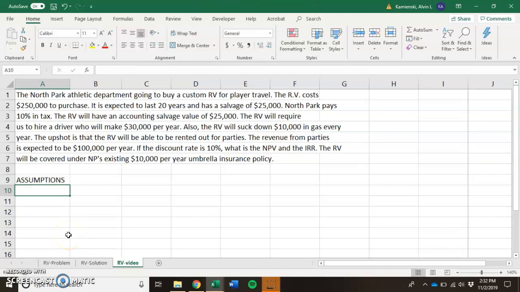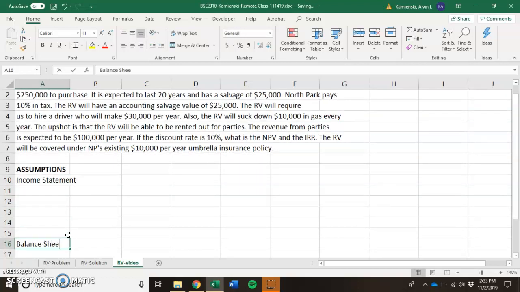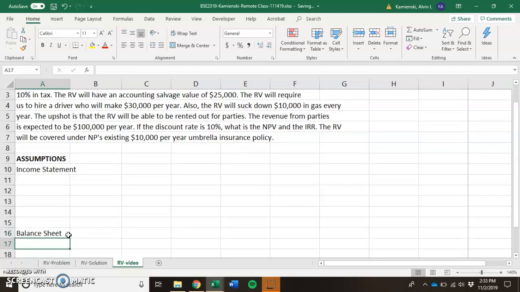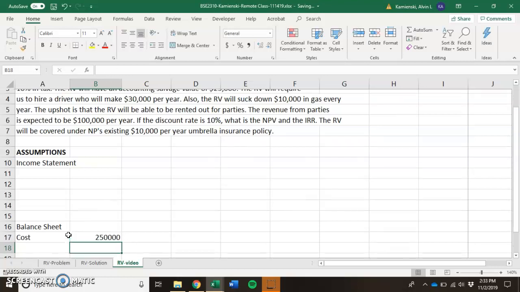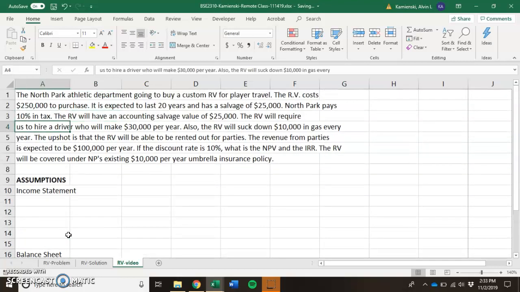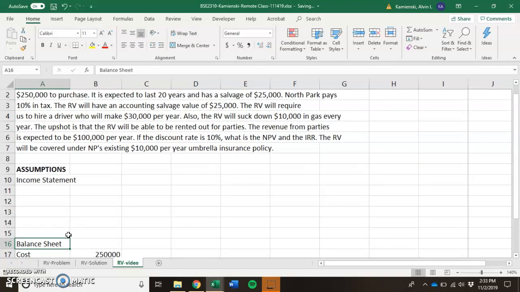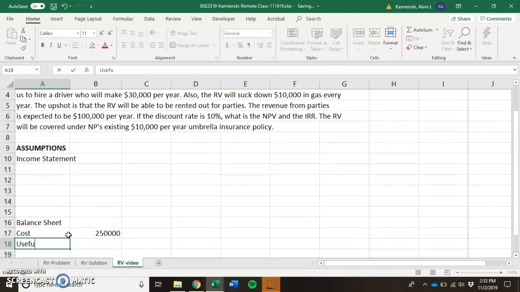Starting off by documenting assumptions, it appears that we will have both income statement as well as balance sheet assumptions in here. Balance sheet assumptions would include the cost of $250,000 and the useful life of 20 years.